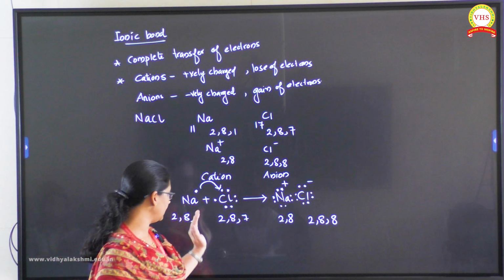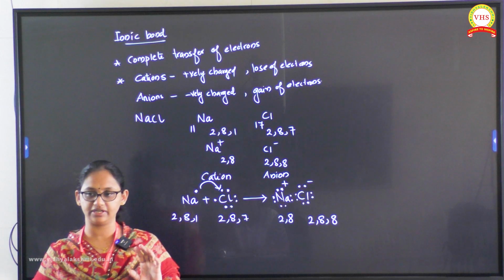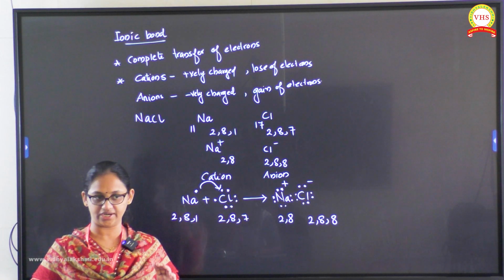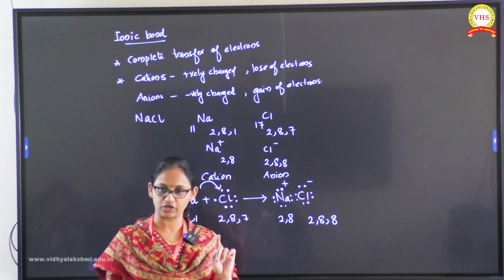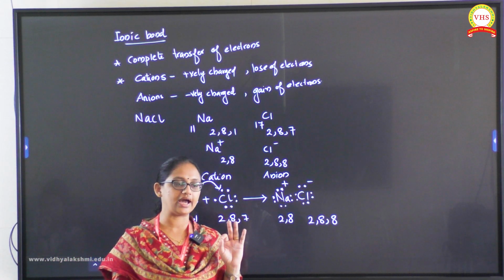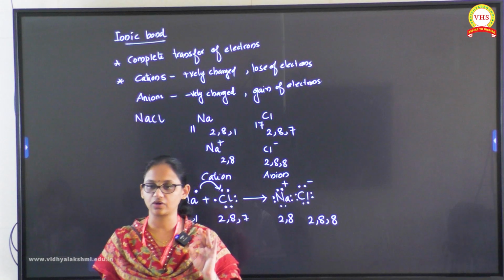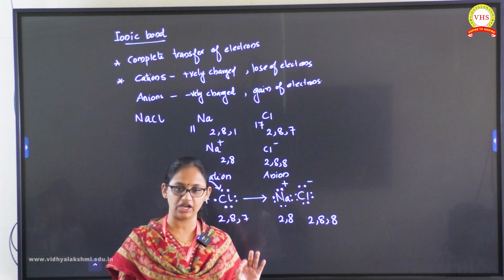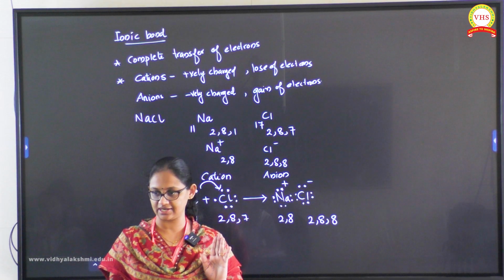Okay, so I will repeat. Sodium atomic number is 11, electronic configuration is 2,8,1, and 1 electron is present in the valence shell. Chlorine atomic number is 17, electronic configuration is 2,8,7, and 7 electrons are there in the valence shell.